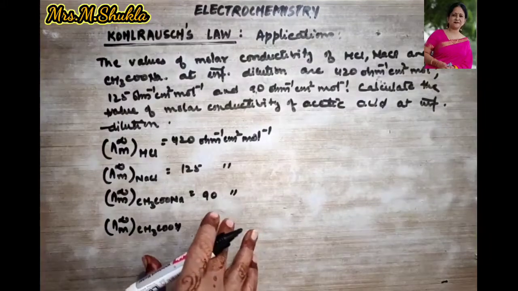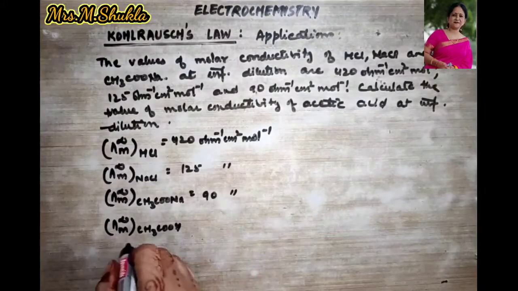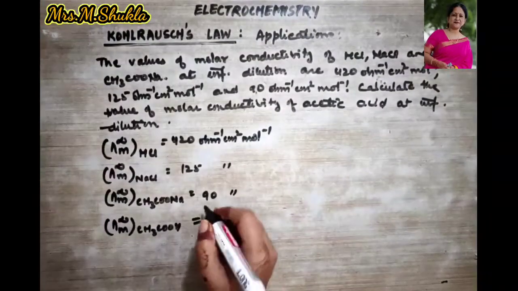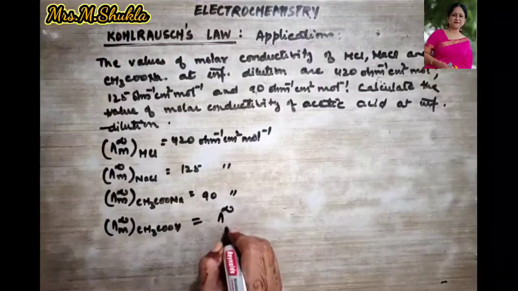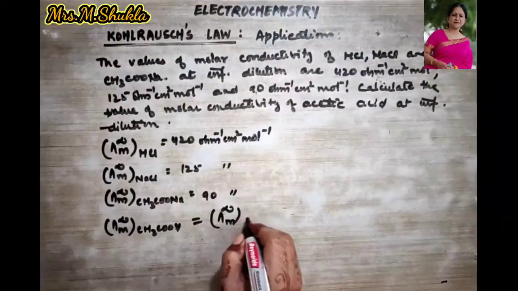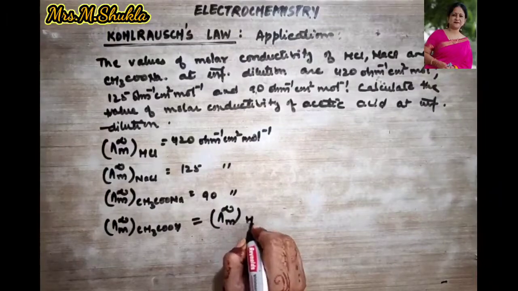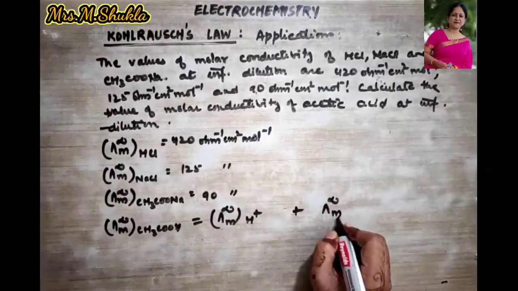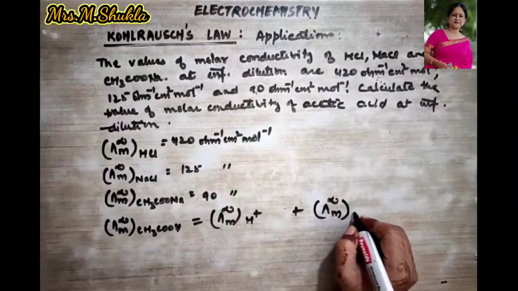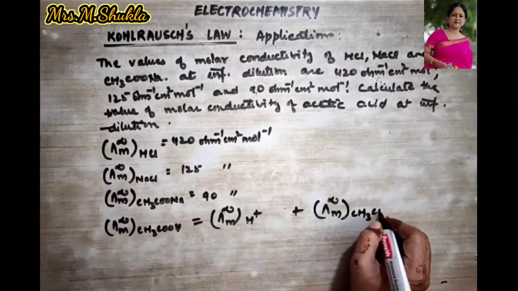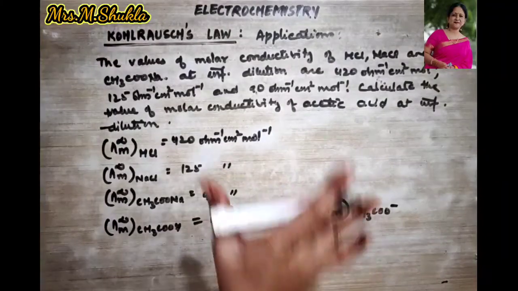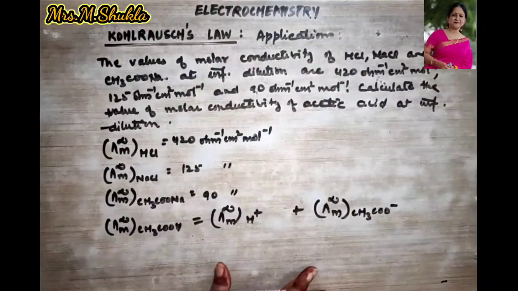So here the value of the conductance of the ion is not given to us. Okay, so let's see what are the ions present over here. Conductance of, what is the positive ion? H ion, right? Plus molar conductivity of the negative ion at infinite dilution. Okay, now we have to find out from what is given to us.